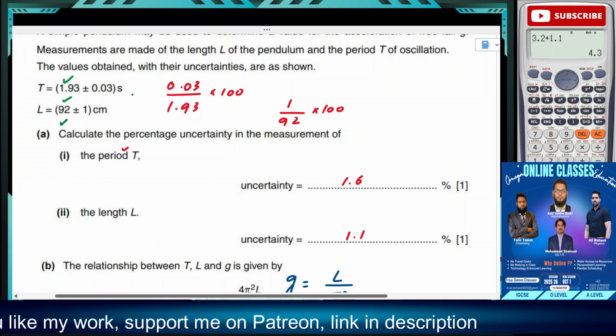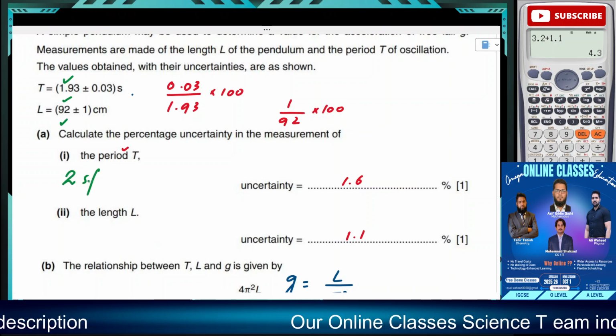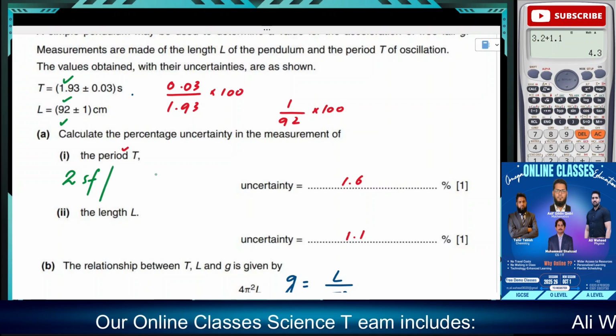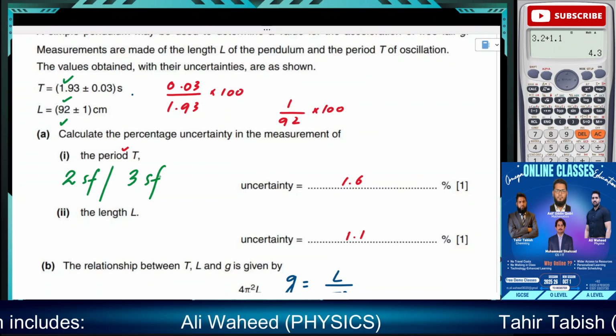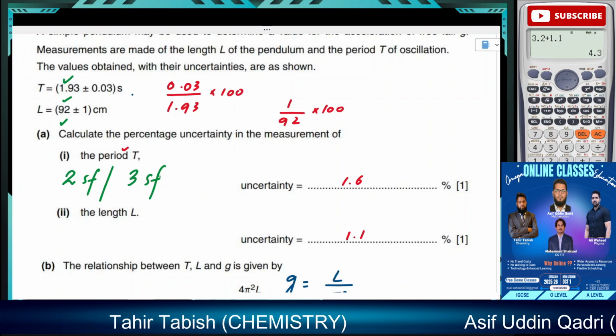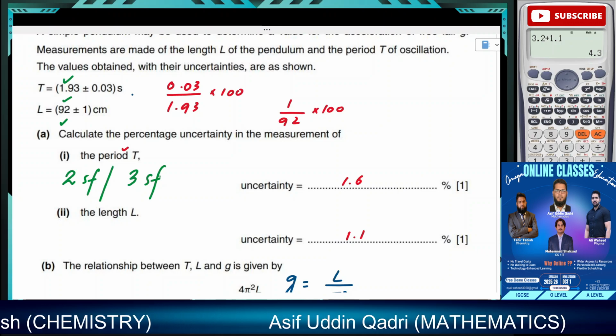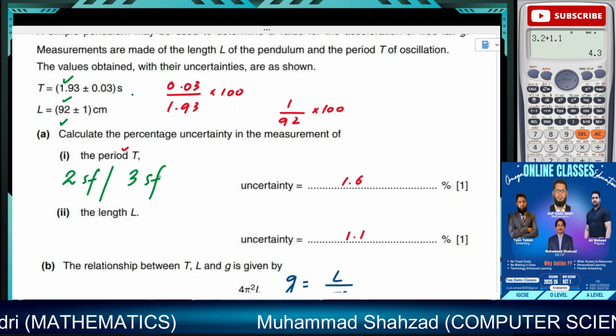So the least in the raw data was 2. Either you can have the final answer in 2 SF, or you can add just one more. But you always consider the least SF as a checkpoint. So same as least SF or add one more. So the final answer could be 2 or 3 SF.